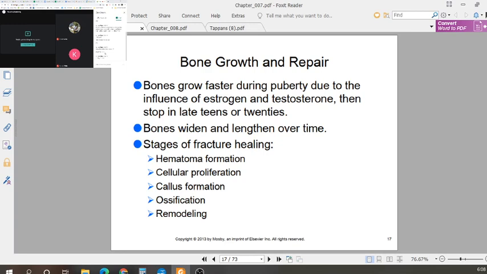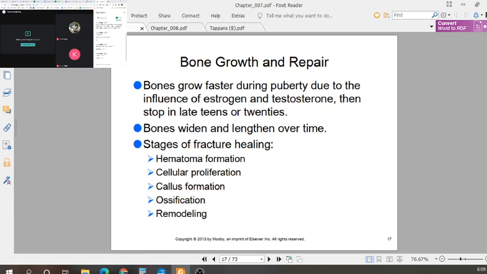Okay. So we're still on 197 in the book. The growth plate is called an epiphyseal disc, and they're at the end of long bones, okay? They usually stop growing around 20 or so, less or more depending on if you are a female or male, and when you go through puberty, of course.